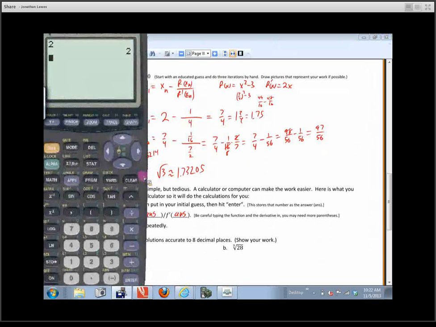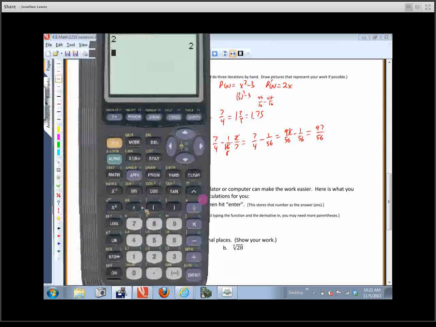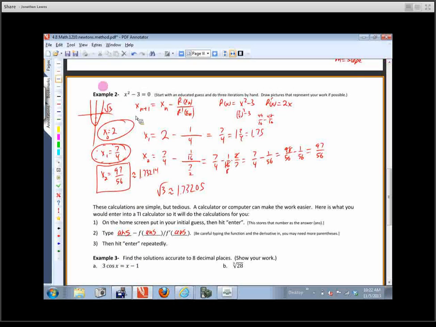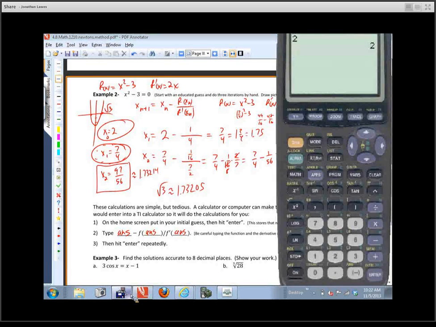Yeah, you can do this on the TI-30. Okay. So let me write down what the function is so we can see it over here. So f of x is x squared minus 3, and f prime of x is 2x. So when we type this into the calculator, here's what it's going to look like. I'm going to grab answer, second negative or second ANS, and then minus, and then I'm going to start a set of parentheses, and I type the function with that answer in it.